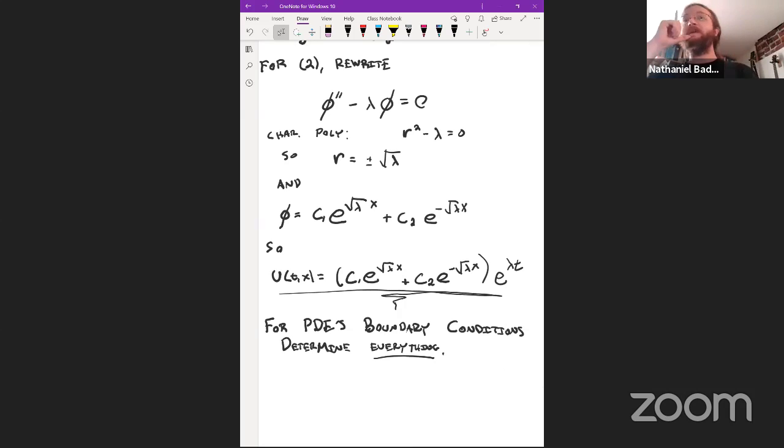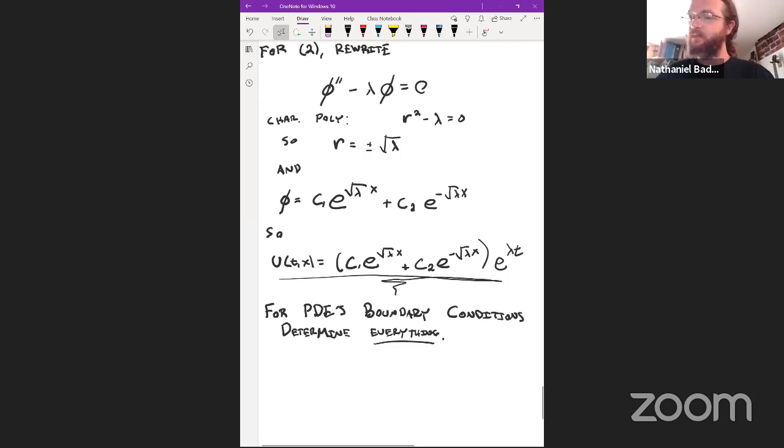For PDEs, the game is even more so. We'll see next week that oftentimes you can't even solve the PDEs, but the boundary conditions allow you to integrate things out. I shouldn't say completely solve them, just not in the way of writing down a closed form equation. And I just want to see a first example of that.